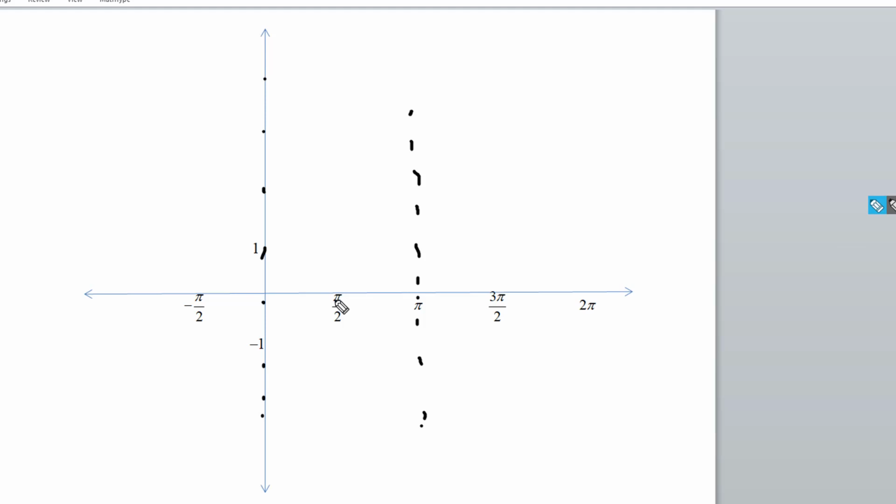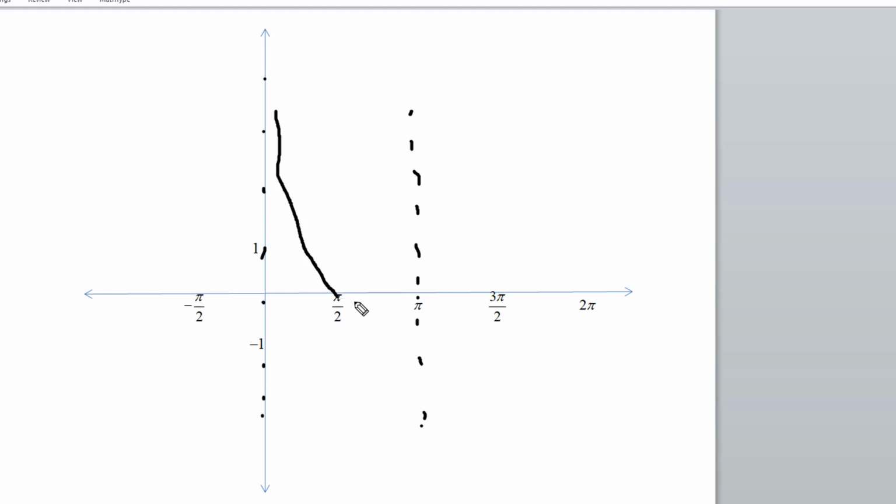and at the odd multiples of pi over 2, the value will be 0 for cotangent. So if I pick values less than pi over 2 or 90 degrees in this interval right here, I'm going to get positive values. So the graph is going to approach that asymptote from this direction like this. It could pass through pi over 2.